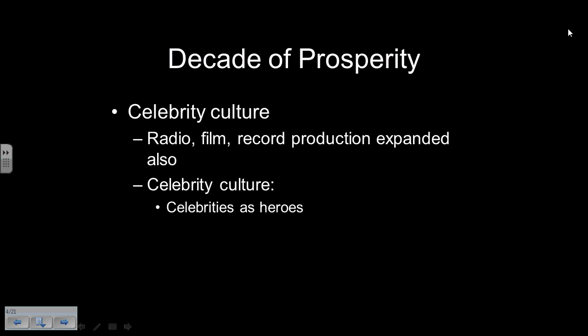This is also the period that Hollywood emerges as the world's leader in making movies and establishing this celebrity culture. Why is it important to isolate what this is, a celebrity culture?